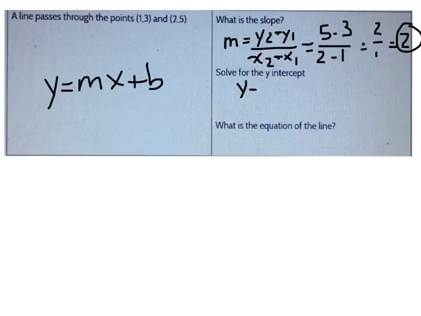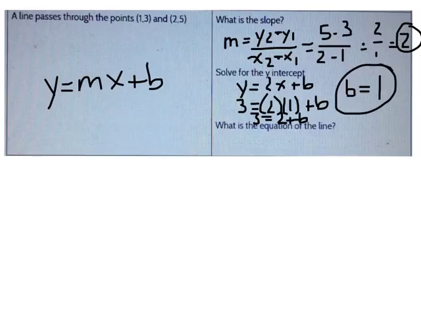So y equals 2x plus b, or 3 equals 2 times 1 plus b. Go ahead and solve for b now. B is 1. So what is the equation of the line? Well, y equals 2x plus 1.